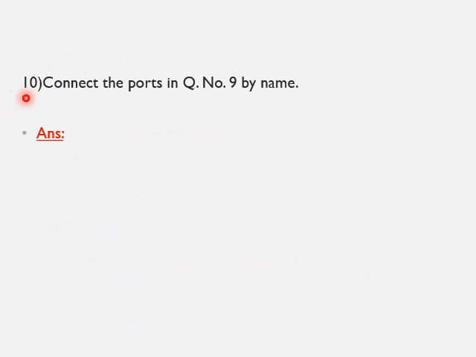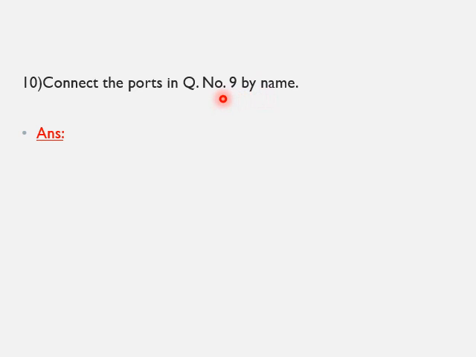Question number 10. Connect the ports in question number 9 by name. So in question number 9, we have instantiated the shift register module and given it name as SR1. So here the same thing we have to instantiate, but now we have to connect the ports by name.